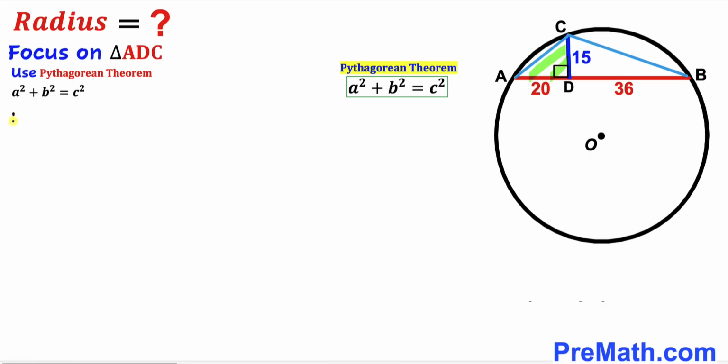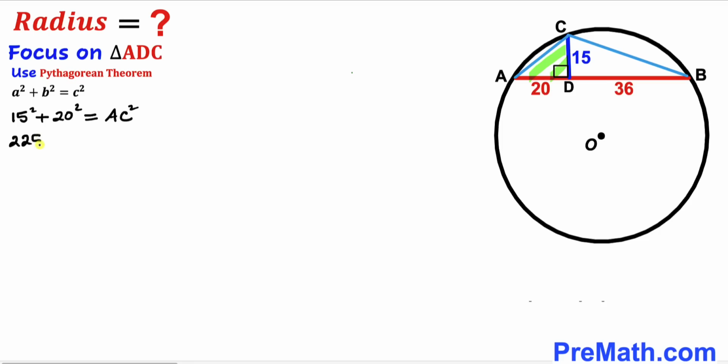So we got 15 square plus 20 square is going to be equal to our hypotenuse AC square. Let's simplify. That is going to give us 225 plus 400 is going to be equal to AC square. So therefore AC square is going to be equal to 625.